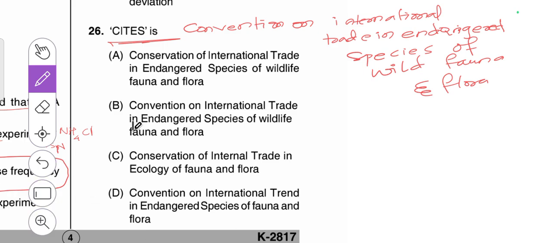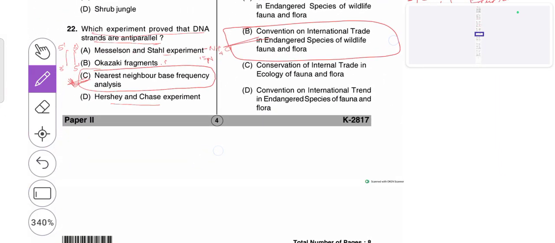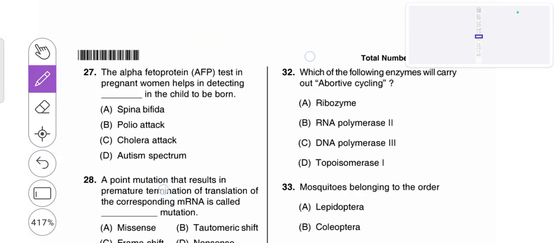That is B is the right answer. B is the right answer. You have to expand the term, that is CITES.